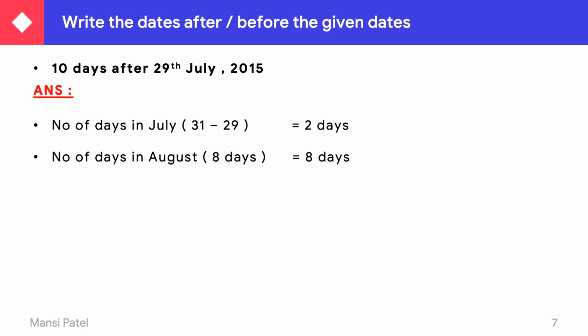The 8th day in the month of August. 1st August, 2nd August, 3rd August, 4th August, 5th August, 6th August, 7th August and 8th August. So what is the date after 10 days of 29th July 2015? We can say that the date is 8th August 2015.